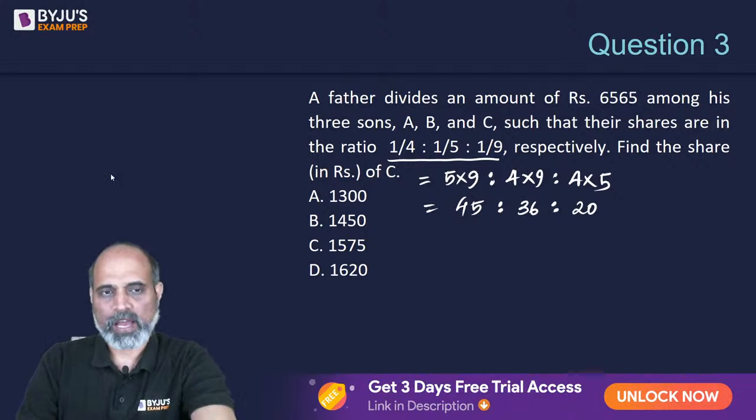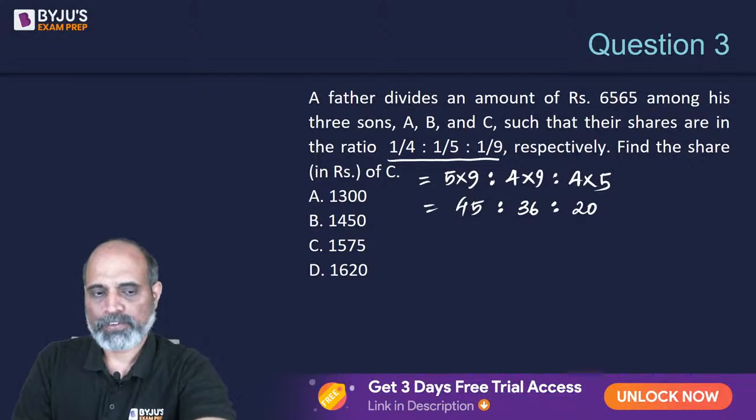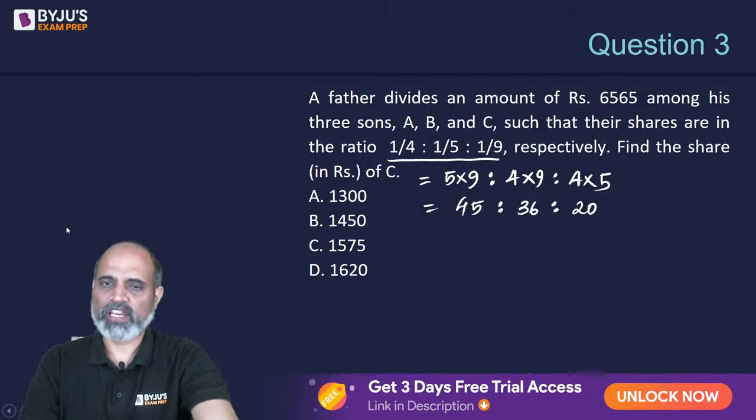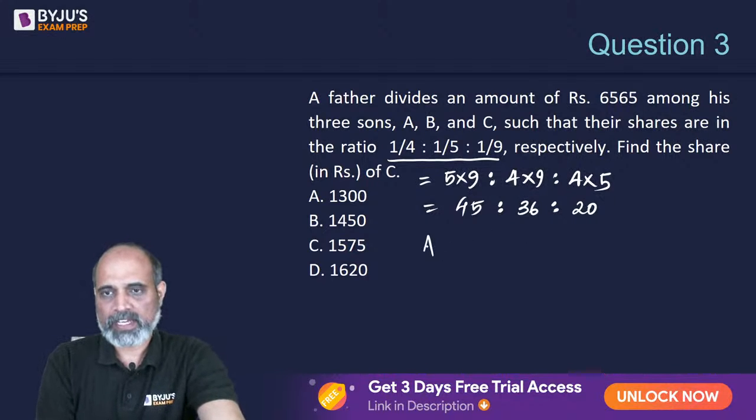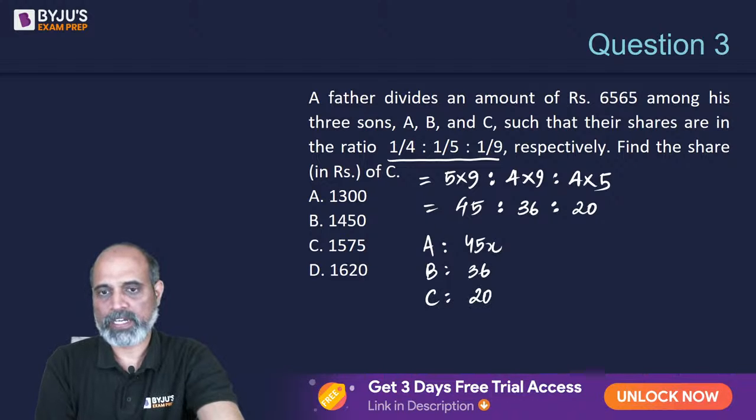So either we can use a variable to solve it, or what we can do is, okay, let's use a variable. So we can say that the amount that A received was 45x, the amount that B received is 36x, the amount that C received is 20x.